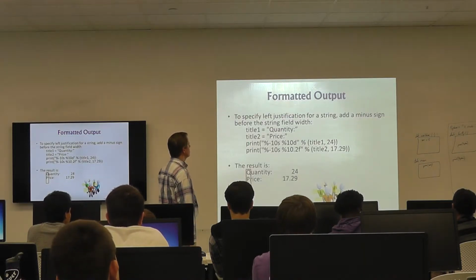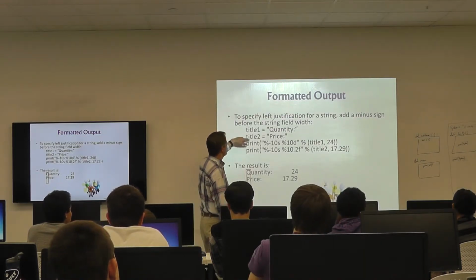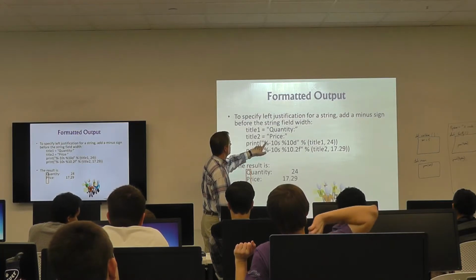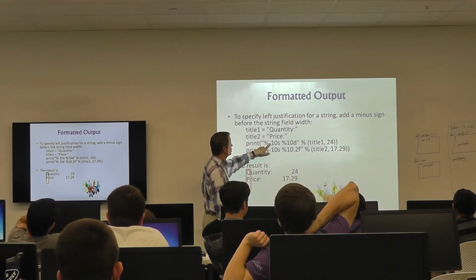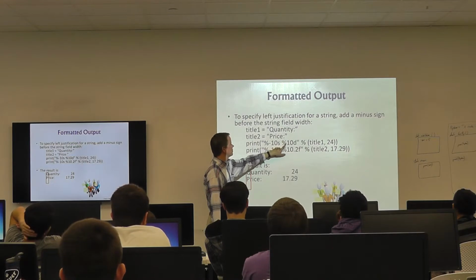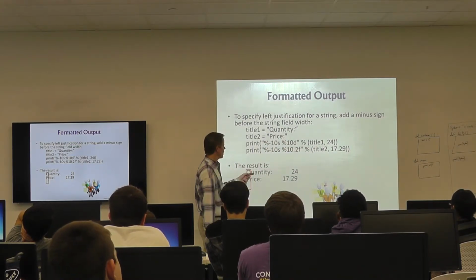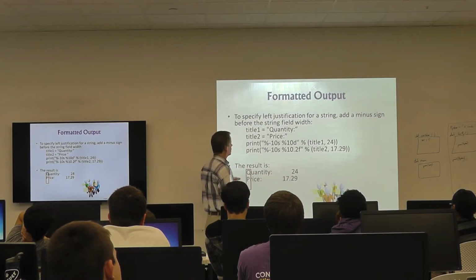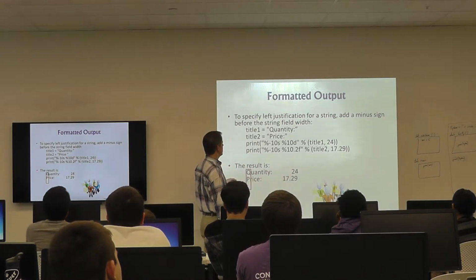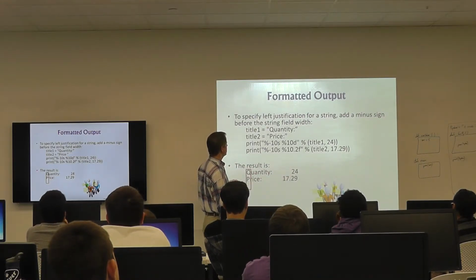Great. So here's just a little example. Title 1 is quantity, Title 2 is price, print, percent dash 10S, percent 10D, Title 1 24. So what do we get? We get quantity 24, and I think quantity is left justified in this case, yes.